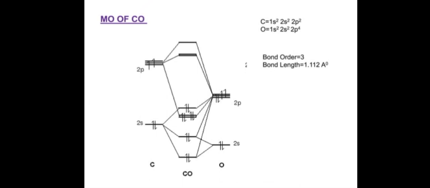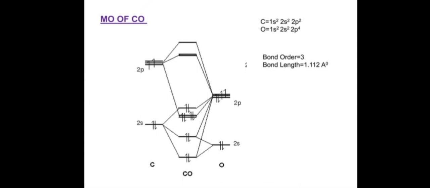In the second shell, the 2s atomic orbital of carbon combines with the 2s atomic orbital of oxygen, giving rise to two new molecular orbitals, sigma 2s2 and sigma star 2s2, again completely filled with electrons.